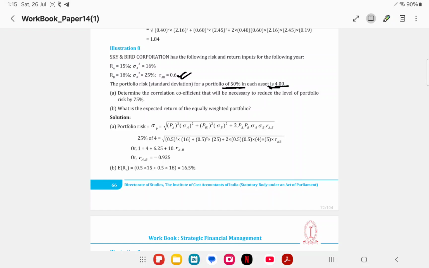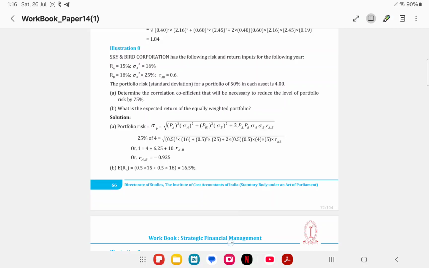It says the weight of A is 50% and the weight of B is 50%. So this is the interpretation of this whole line.